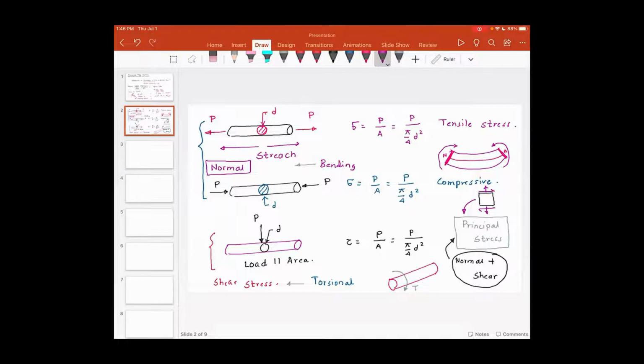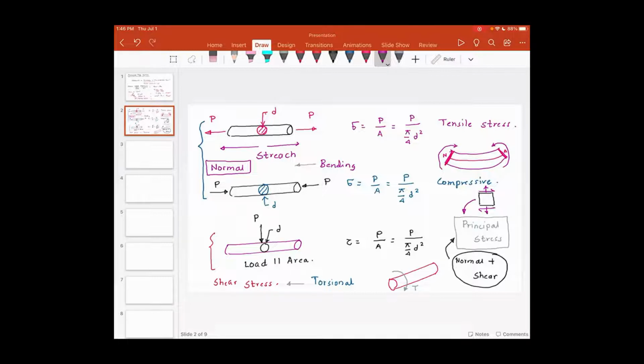Now, I want to discuss principal stress in detail a little bit later, but I want you to understand that normal stresses and shear stresses are the only two primary stresses. And when they act together, that gives rise to principal stresses.